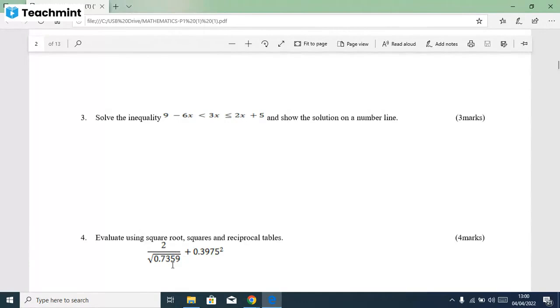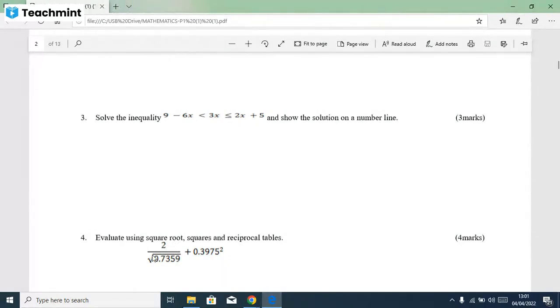Then what you'll get, you will minus from 2 the logarithm. Which 2 are you talking about? The numerator.